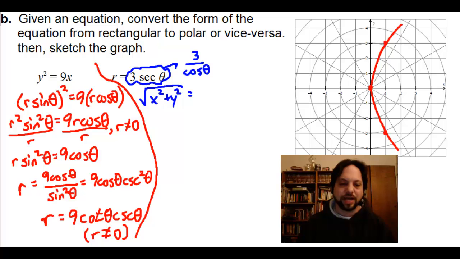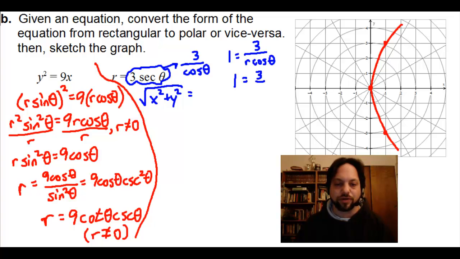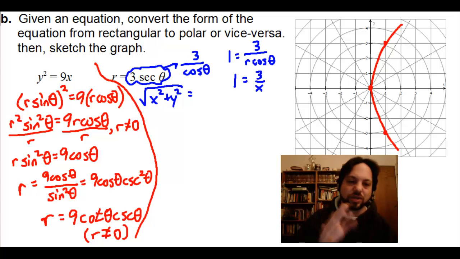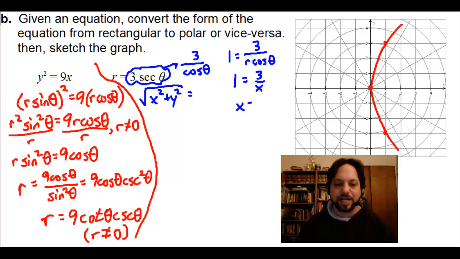If I do that, divide both sides by r, that would give me this equation: 1 equals 3 over r cosine theta. And of course, r cosine theta is really just another way of saying x. So this would say 1 equals 3 over x. And then if I do a little bit of algebra here, I would get x equals 3. But that seems entirely too simple.